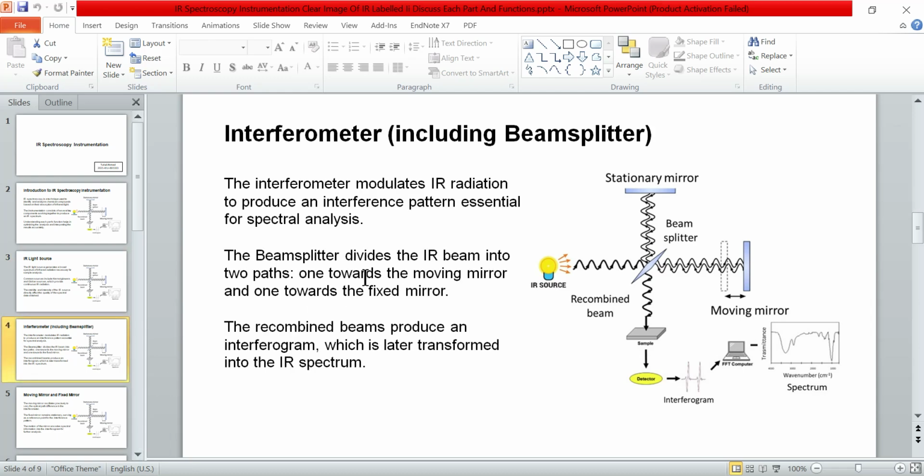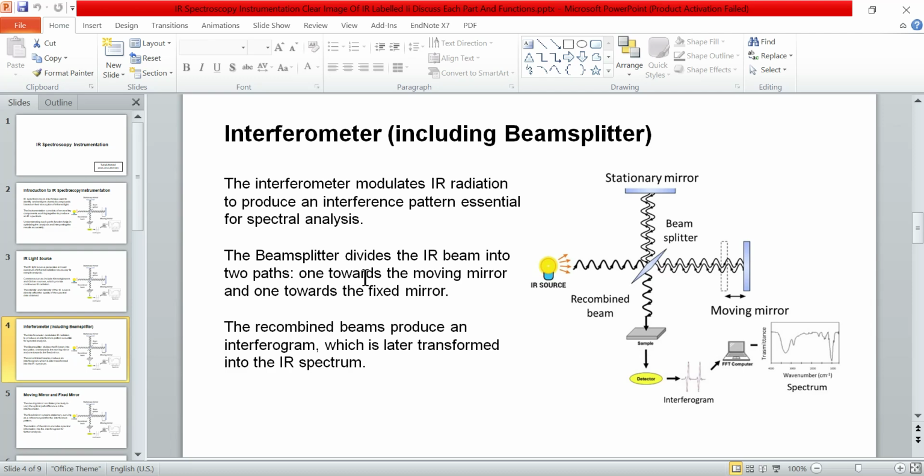Now we will discuss the interferometer. The interferometer includes a beam splitter which can split the electromagnetic radiation into two parts, one towards the stationary mirror and the other towards the moving mirror.